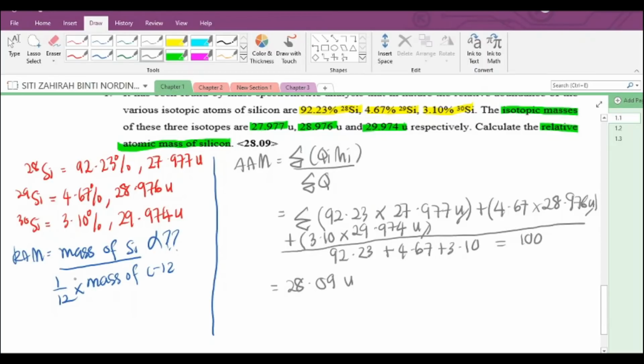So we're going to find the relative atomic mass. Just include this number in this equation.